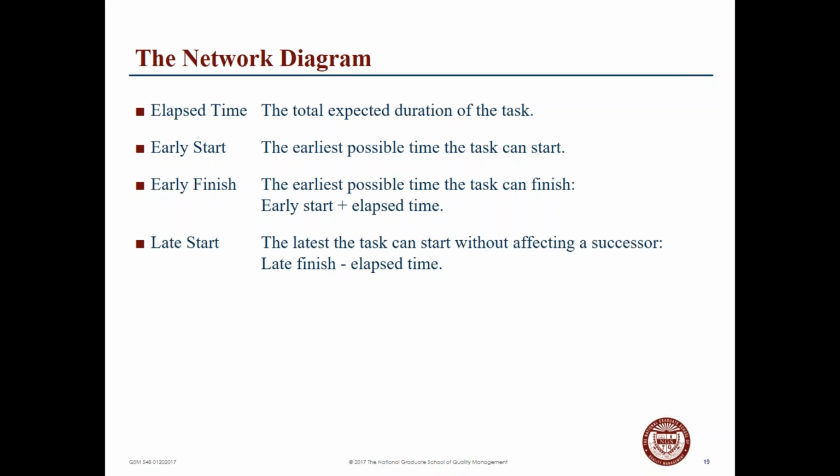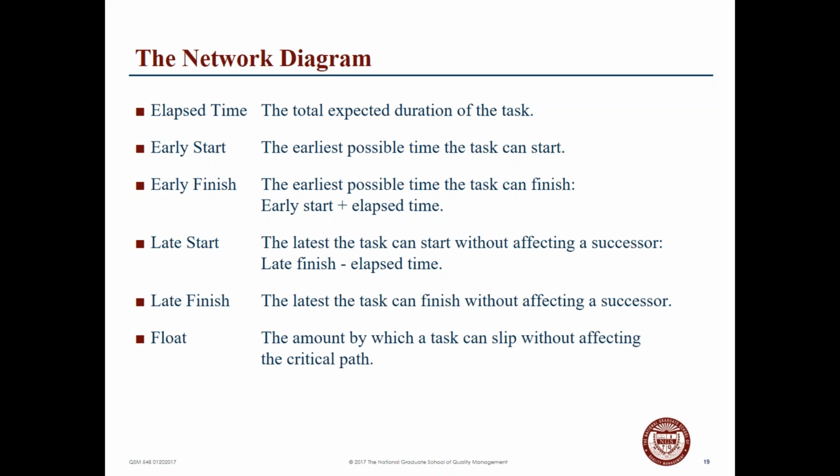So if the late finish is 8 weeks and it takes 6 weeks to complete, the late start can be 2 weeks after the start date, the latest we could start that particular task without impacting our successor. And again, the late finish is the latest the task can finish without affecting the successor. And again, float talks about how much we can delay a particular task without affecting the critical path.